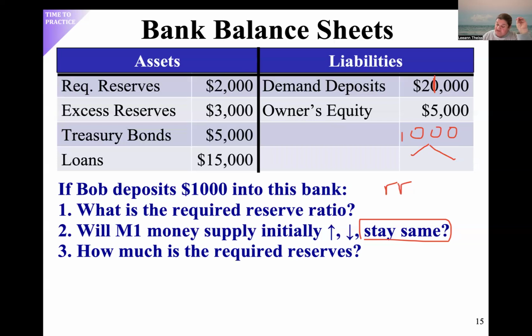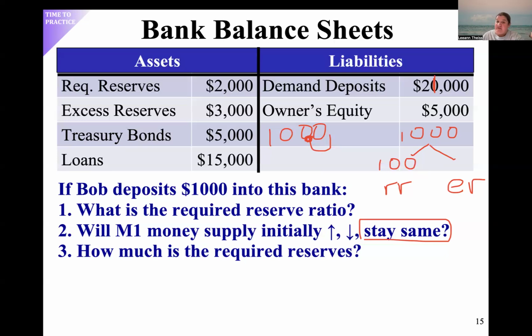One account is going to go into excess reserves. So we need 10%. So $1,000, if we were taking 10% of that, we would just move the decimal over. And so $100 of that $1,000 is going to have to go into required reserves.